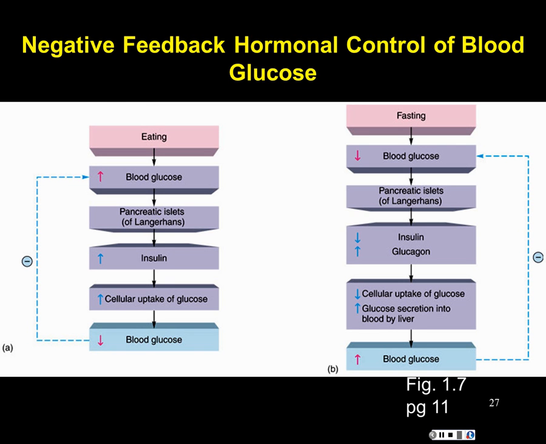The effector. The effector is the structure or cells that physically do the work to bring the factor back to set point. For example, if I exercise and I'm getting hot, I'll have receptors in my skin and muscle sending temperature information to the brain.